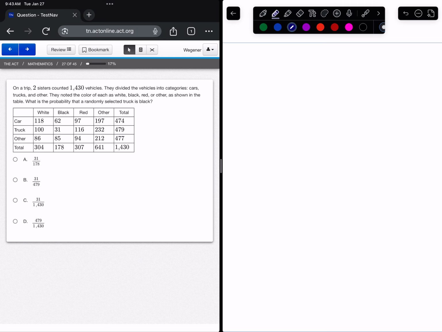Okay, so something you need to know about probability is the wording is really important. So they ask, out of the selected trucks, what is the probability that it is black? Okay, so when it comes to probability, it's the number we want over the number total.